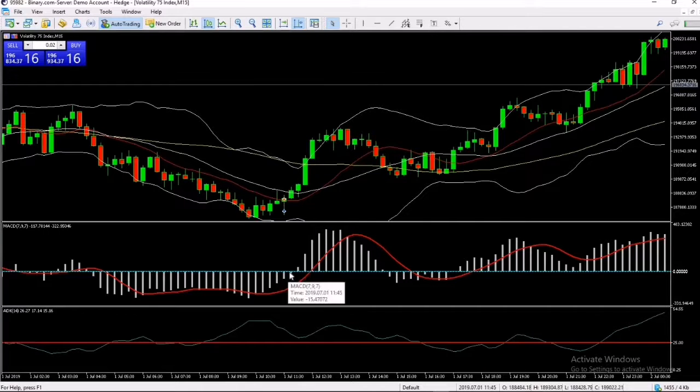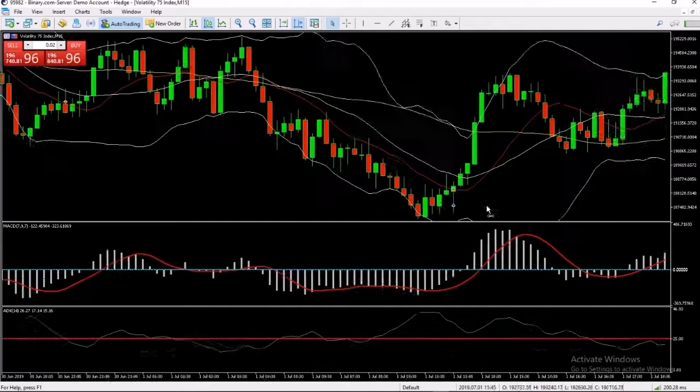There must have been a cross on the MACD showing a change in trend, and at the same time, this one is still above the red line. Do you understand? And at the close of this candle, at the beginning of the next candle, you open your trade and close it immediately it touches the upper Bollinger Band, or once you are okay with the particular profit at that time.